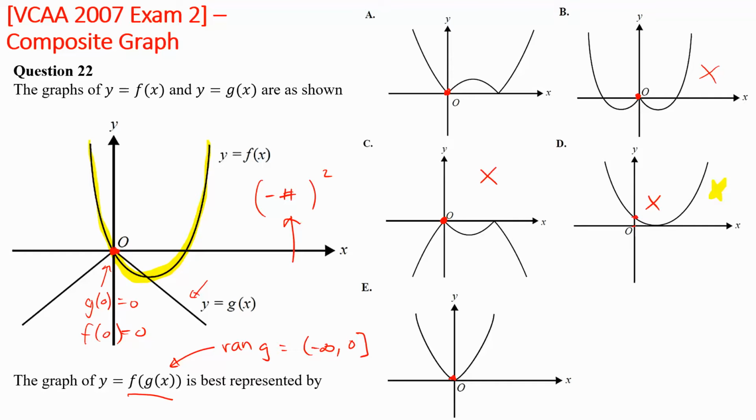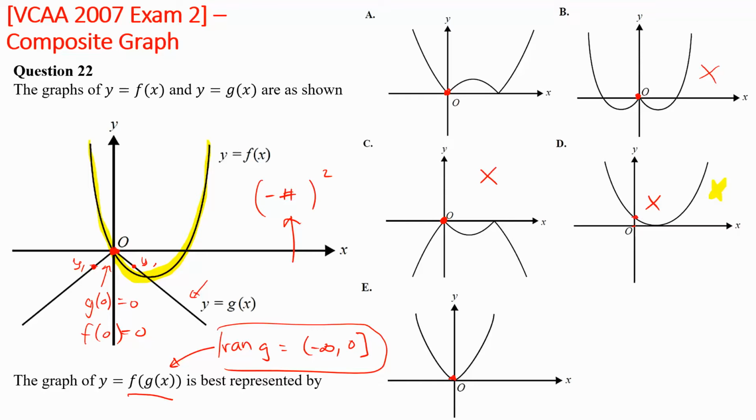Now if you understood that one concept that I said, that you're just substituting a range and it's all negative, notice that this is symmetrical. It doesn't matter what this y value is. If I call this y1, this is still y1. So that means when I sub it in, both left and right of this composite function should be exactly the same, because I'm substituting only negative numbers.